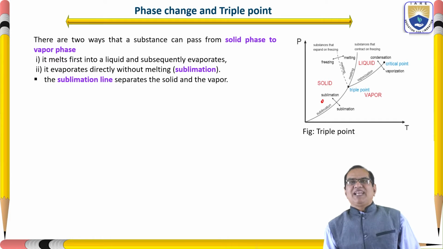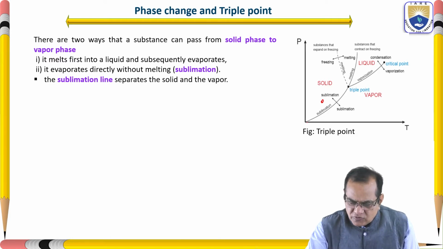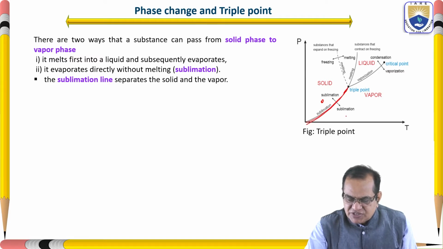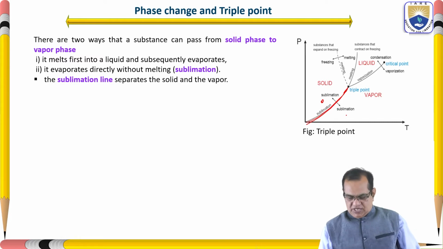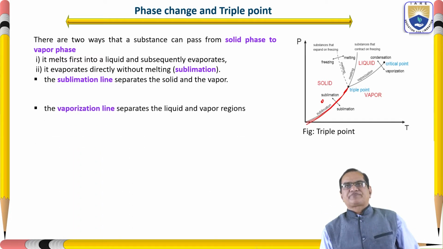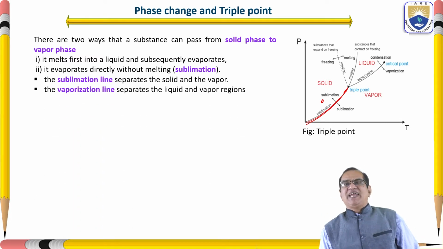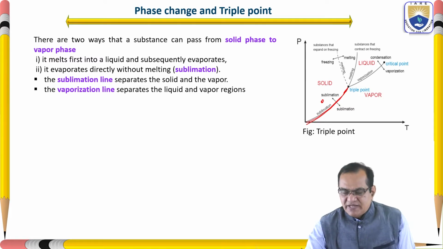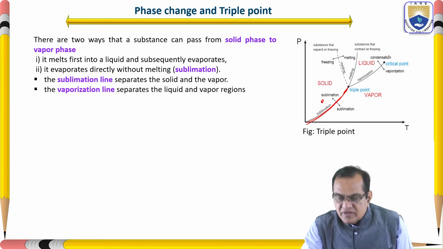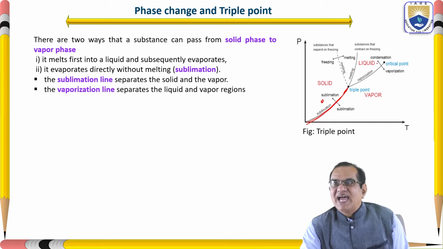The sublimation line separates the solid and the vapor. This you can see, this is the sublimation line. The vaporization line separates the liquid and the vapor region. So if you see here, this is the vaporization line.